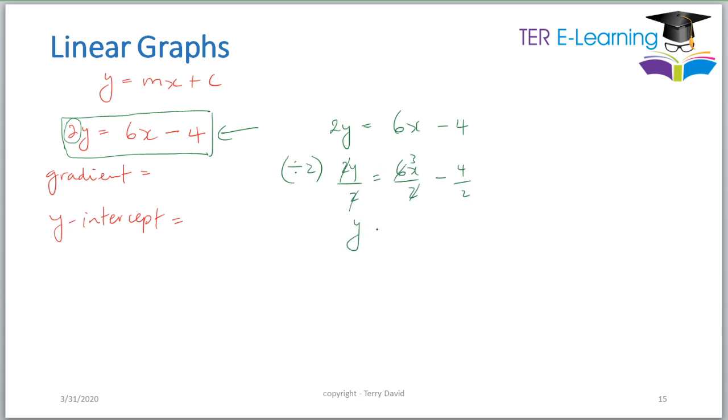So this becomes y equal to 3x. This 2 goes into this 4 two times, minus 2. So therefore, my gradient is now 3. And my y-intercept is minus 2. So that coordinate will be 0, minus 2. Right? So my gradient is 3 and my y-intercept is 0, minus 2.